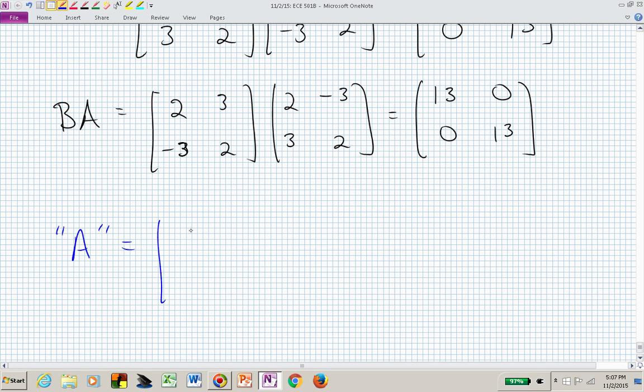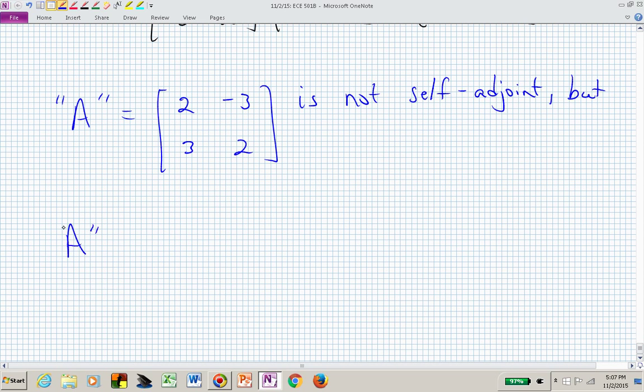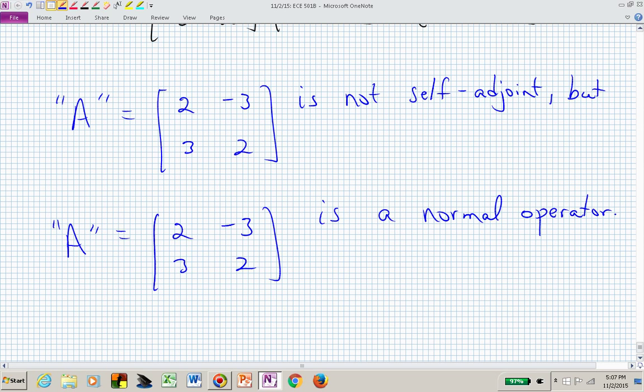A being equal to 2 minus 3, 3, 2, is not self-adjoint, but that A of 2 minus 3, 3, 2 is a normal operator.